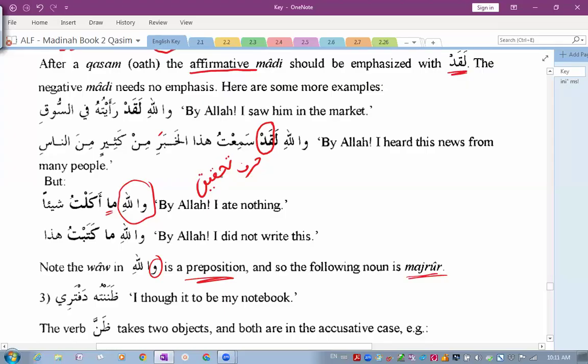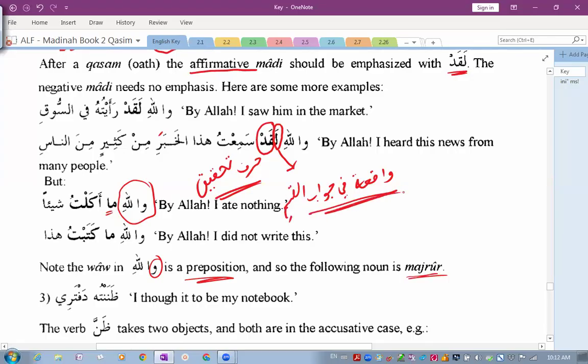That's the name of it. And lam has a special name also, if you want to remember: lam waqiyatu fi jawabil qasam. That's the name of it.